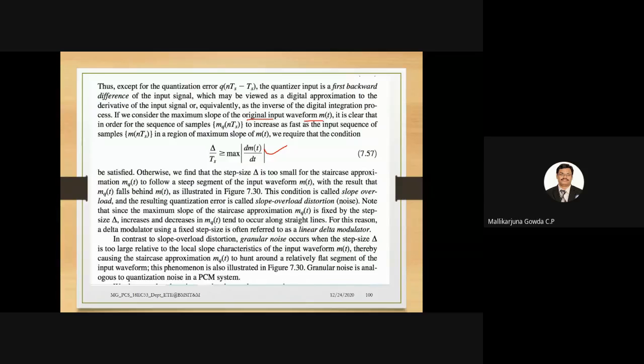Then only is it possible to keep track of a steep change in the analog input signal. So this condition has to be satisfied. If I increase the step size, as I said, there will be a granular noise. Let me read this.